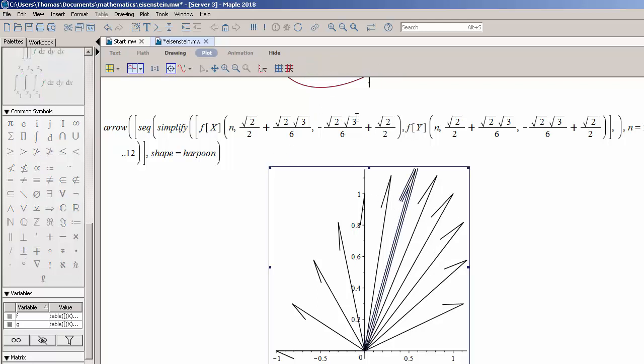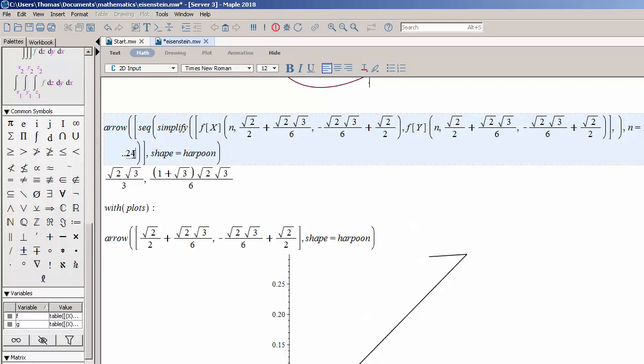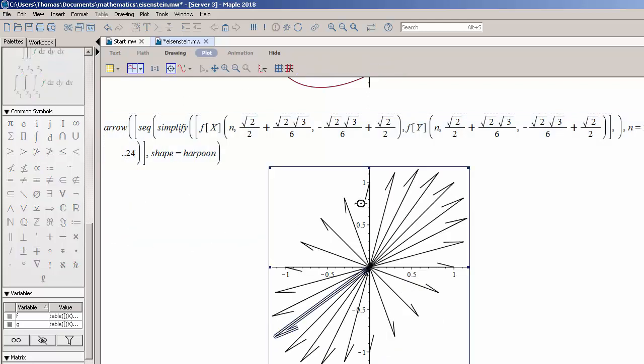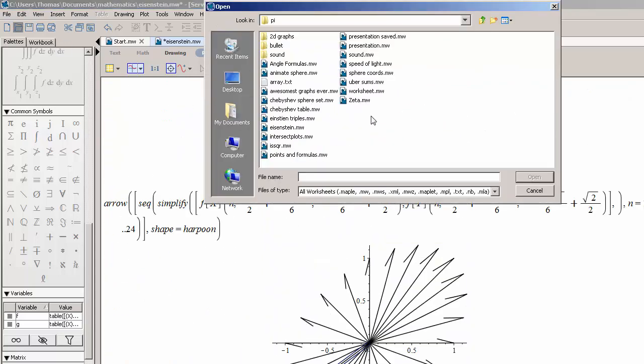I could show a few of them, I guess. I'll do that in a minute. We'll go to 24. So I guess that's good enough. We'll move on to the calculating.